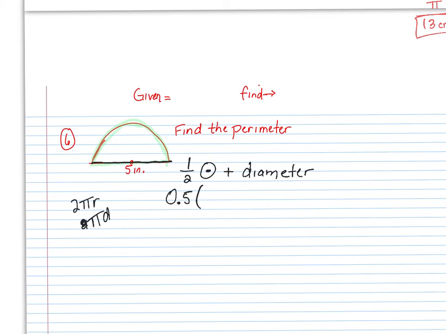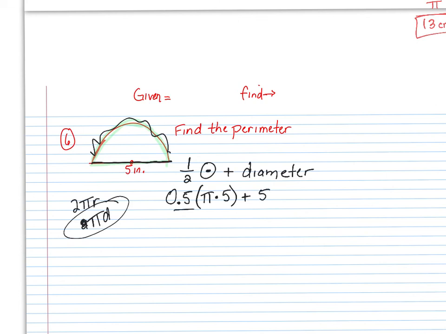Jada? Pi d. So we're going to put pi times the diameter, which is 5. That gives you this whole part, right? Plus, then you have to add on the diameter, which is 5.